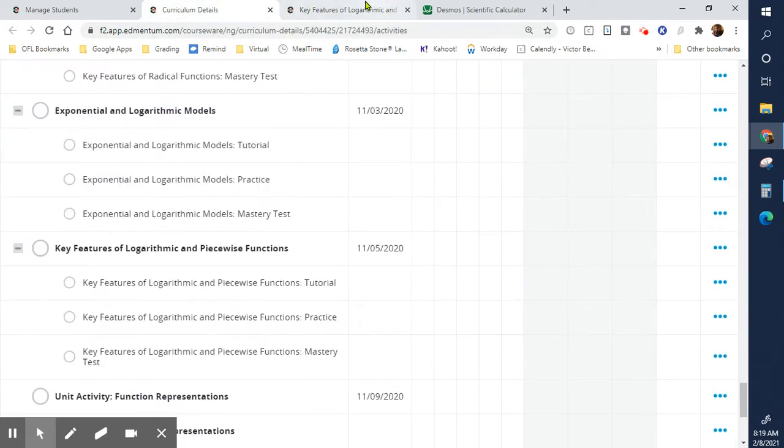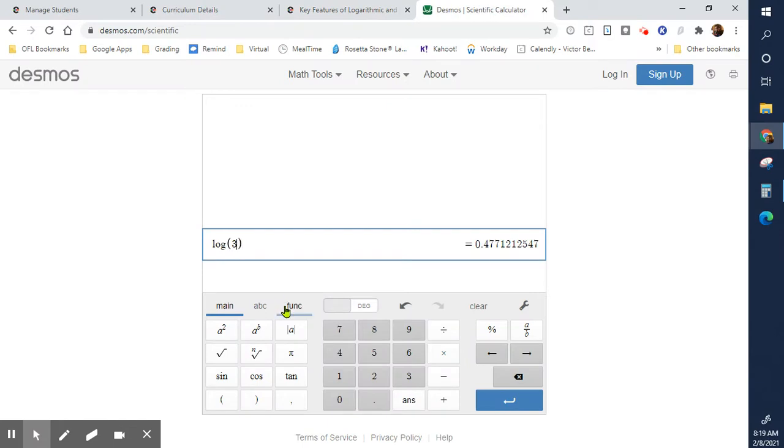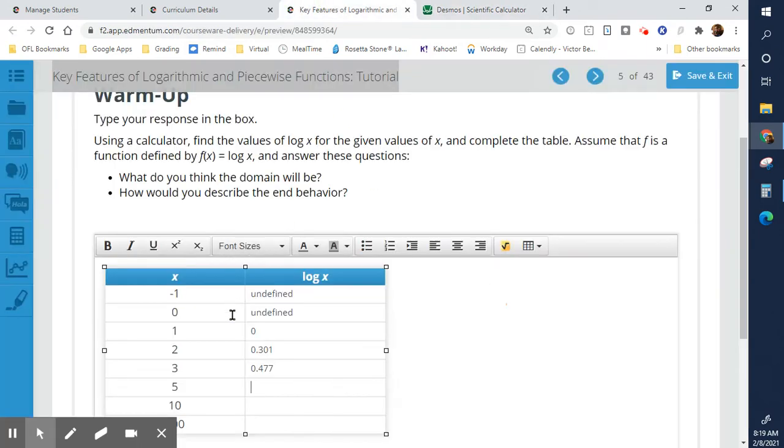Then I'm going to do the 5. I get 0.699, and this will round up because of the 9 right here. And they want us to do 10.